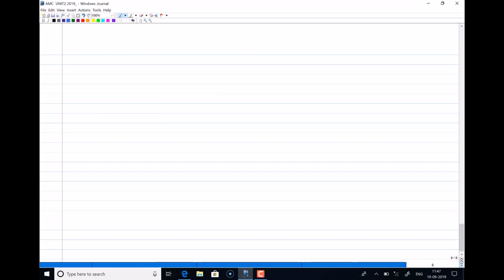Right, now quickly we'll see the characteristics also, because I just want to review what you have done in your previous semester. So say I'm looking at the common base configuration. This is your common base configuration, right?